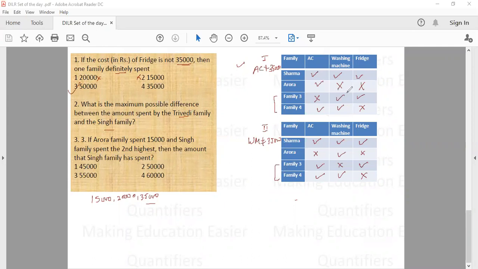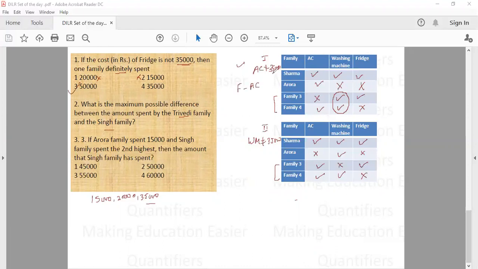Now, in the first case, these 2 families spent the same amount on washing machine. So that means the only difference between their purchase will be the difference of the amount of fridge and AC. That means in this case, the difference will be between fridge and AC.